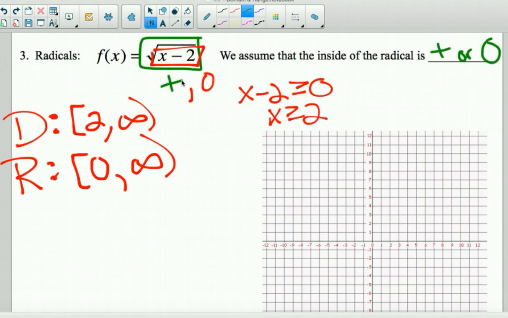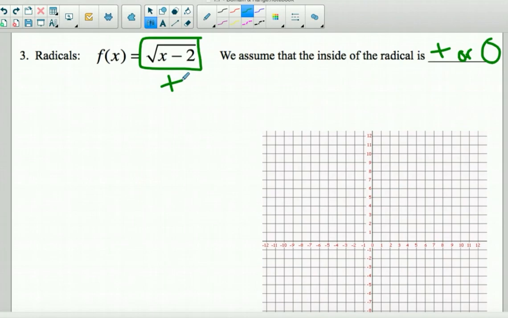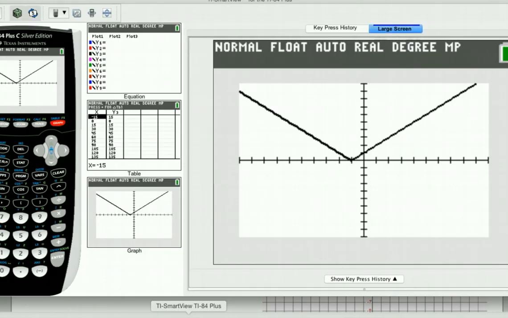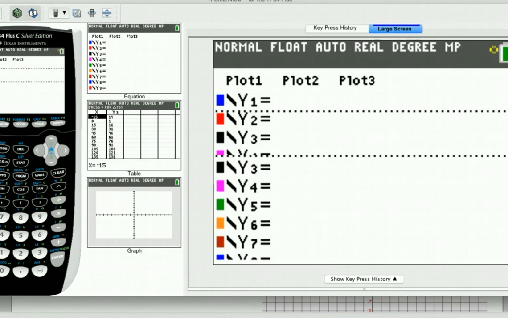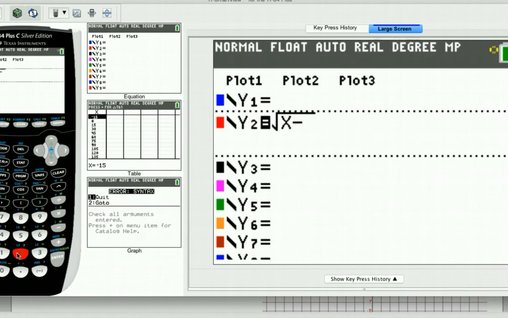So this graph, if we graphed it, I'm just going to get rid of this one. All right, we're going to do the square root of x minus 2.